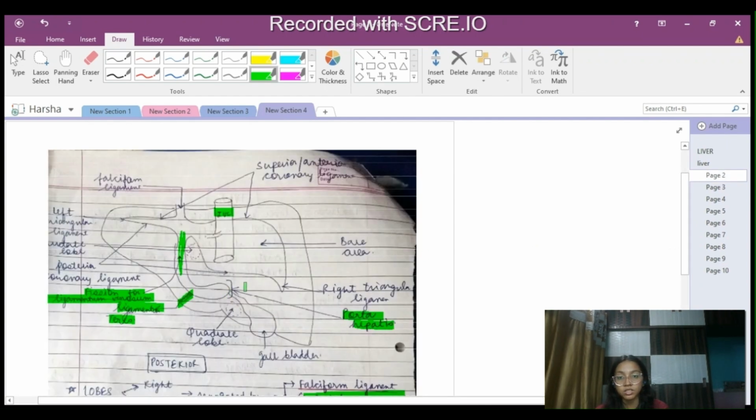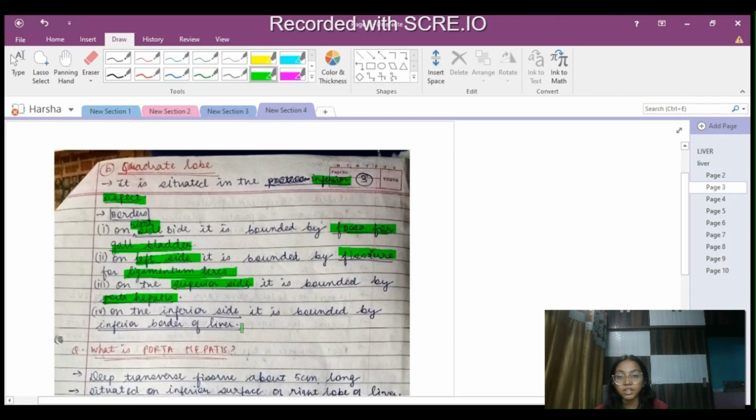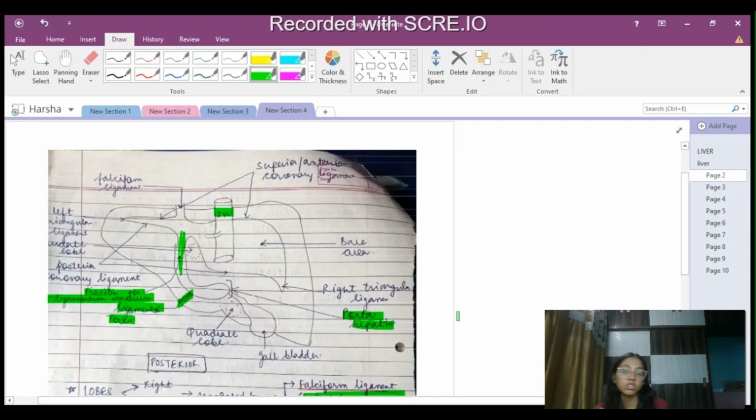And inferiorly it is bordered by the inferior border of the liver. So these are the four borders of the quadrate lobe: on the right side the fossa for the gallbladder, on the left side the ligamentum teres, superiorly the porta hepatis, and inferiorly the inferior border of the liver.